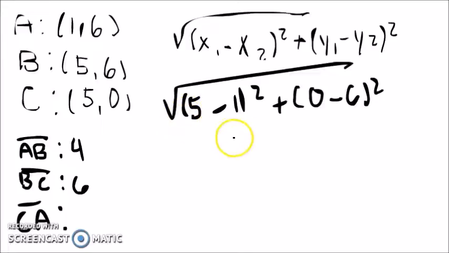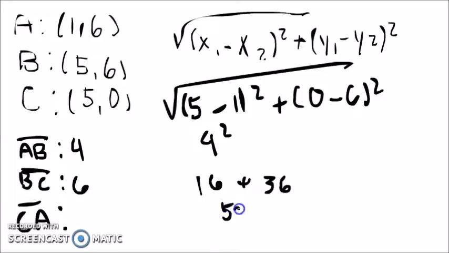Okay, so 5 minus 1 is 4, and 4 squared is 16. So 16 plus 0 minus 6 is -6, and -6 squared is 36. So 36 plus 16 is 52. Yep, 52 with a radical sign.